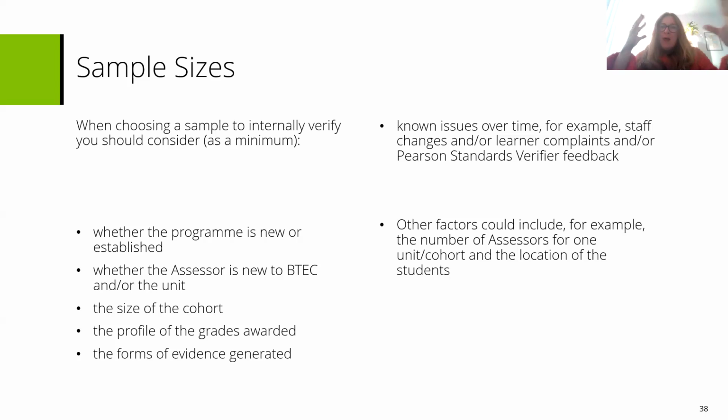Over time, over the breadth of the programme, every student will have been internally verified across the breadth of the units. But do think about, when you first start the academic year, perhaps doing more internal verification initially. New staff, new ways of working often dictate the need for that as well.